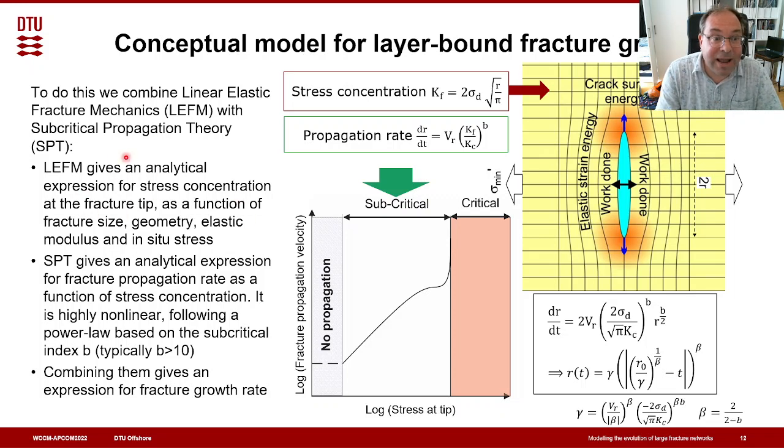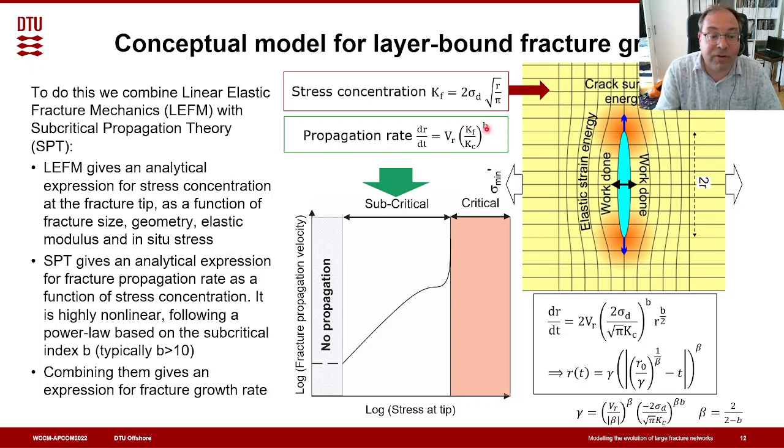Linear elastic fracture mechanics theory gives an analytical expression for the stress concentration around the fracture as a function of the fracture geometry, the in situ stress, the elastic properties, and crucially, the fracture size, in this case, the radius of a circular fracture. Subcritical propagation theory gives an analytical expression for the fracture propagation rate as a function of the stress concentration raised to a power known as the subcritical index.